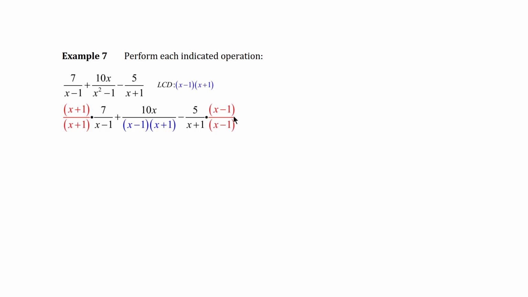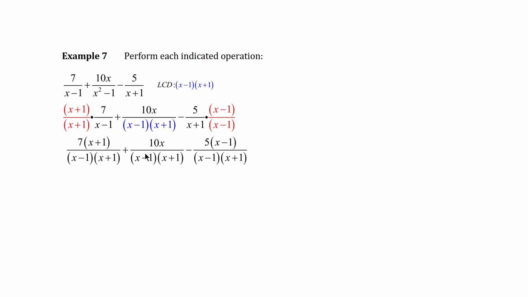The result after doing the multiplication is 7 times (x plus 1) over (x minus 1)(x plus 1), plus 10x over (x minus 1)(x plus 1), minus 5 times (x minus 1) over (x minus 1)(x plus 1).